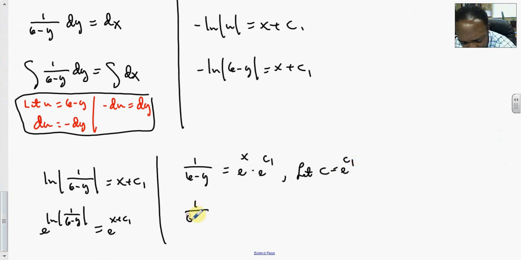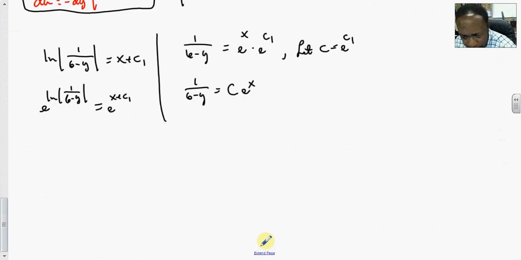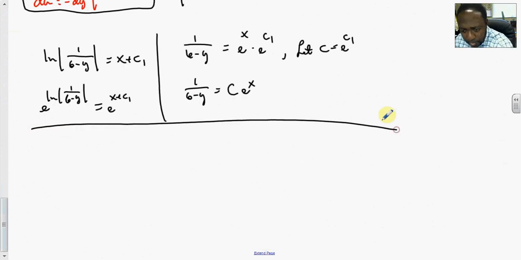This is 1 over 6 minus y is equal to c times e to the x. Now we just multiply both sides by 6 minus y, and then divide both sides by that e to the x. So that gives us 1 over e to the x is equal to c times 6 minus y.